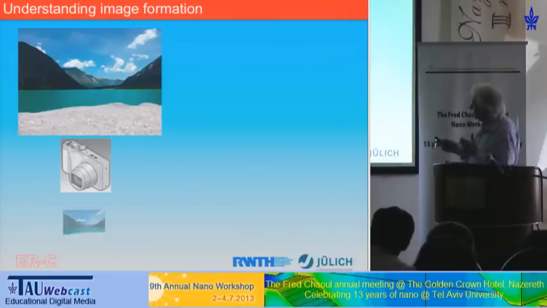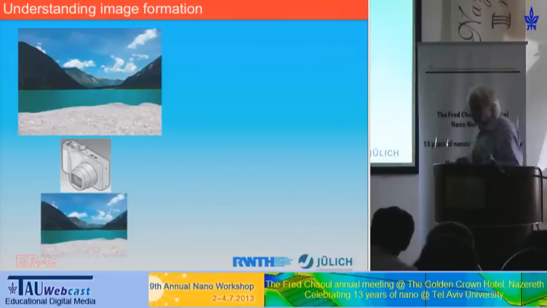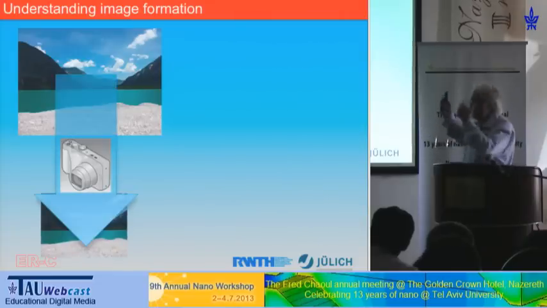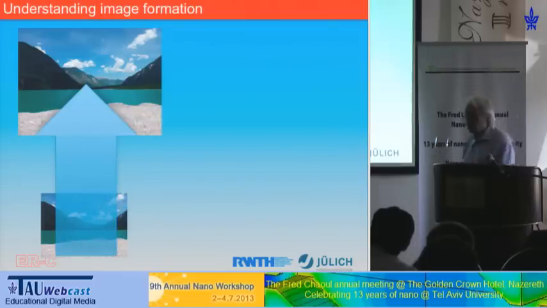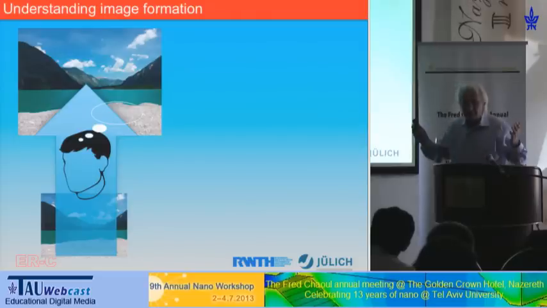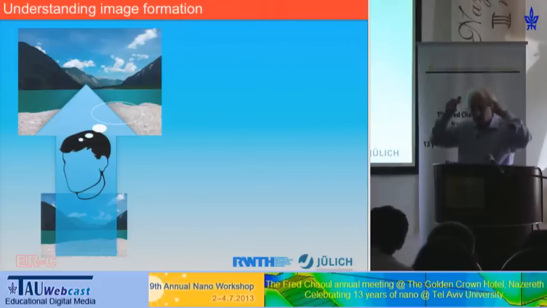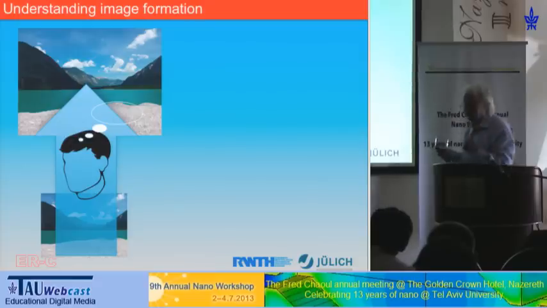For instance, here we have a landscape, we take a photo, and this is the imaging process. Now your brain just inverts the imaging process. It goes from the image to the structure automatically. You cannot help it. You do it automatically, that the brain just constructs a mental image in your brain out of this.